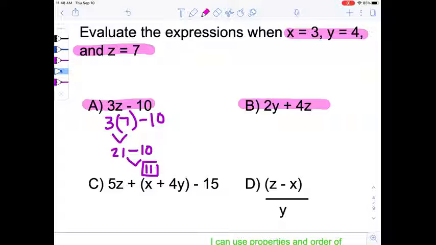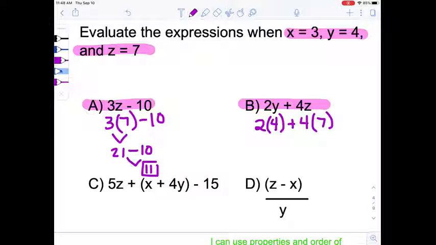Example B is 2y plus 4z. So again, I'm going to plug in the numbers for the variables. So we have 2 times y, and y is 4. When those variables are right next to the number, that always means multiplication. Then we have plus 4 times z, and z is 7.